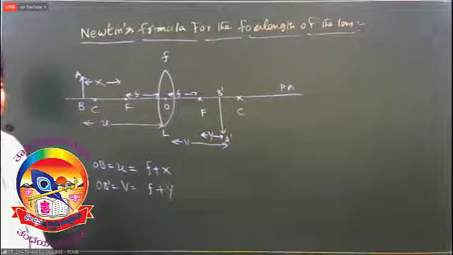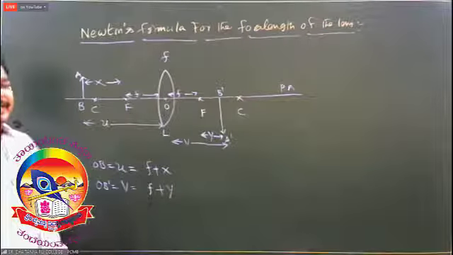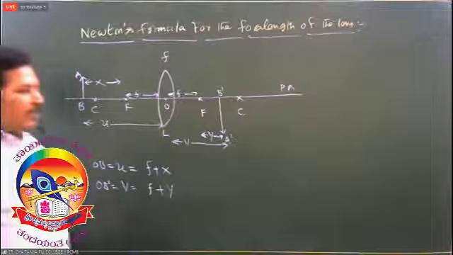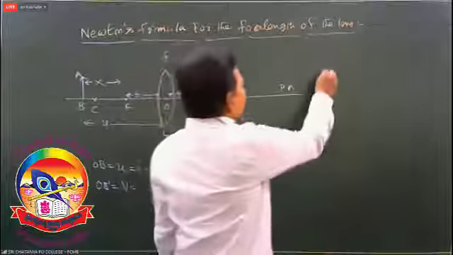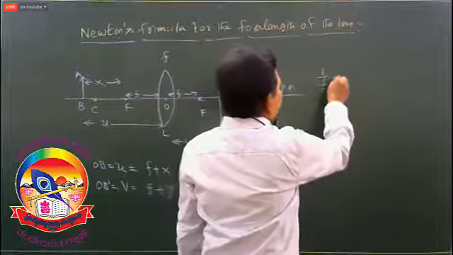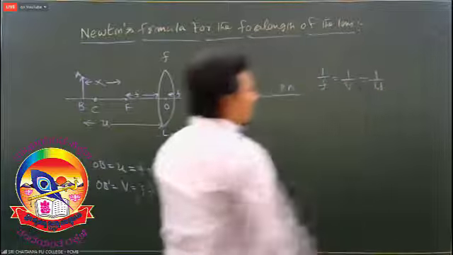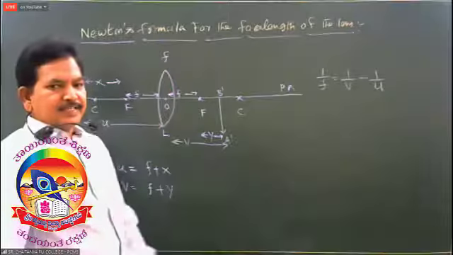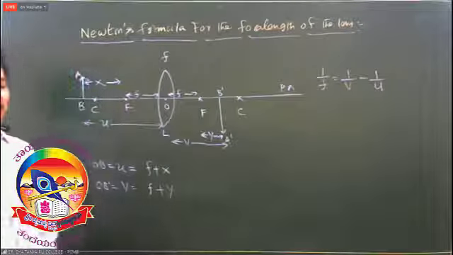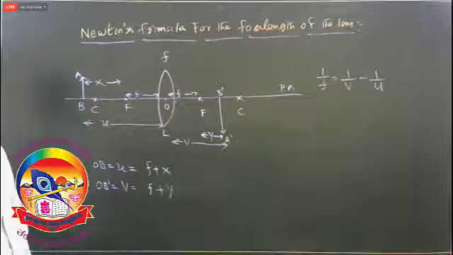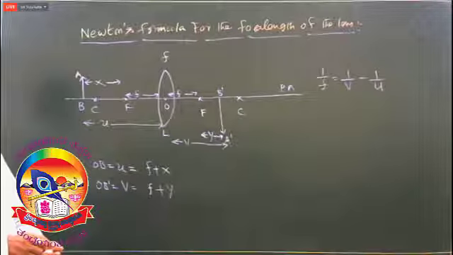Now substitute these two values in the lens formula. We know the lens formula: 1 by f is equal to 1 by v minus 1 by u. The lens formula gives us the relation between object distance, image distance, and the focal length.